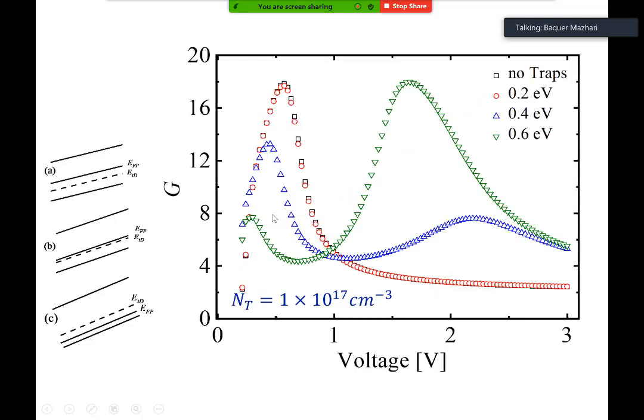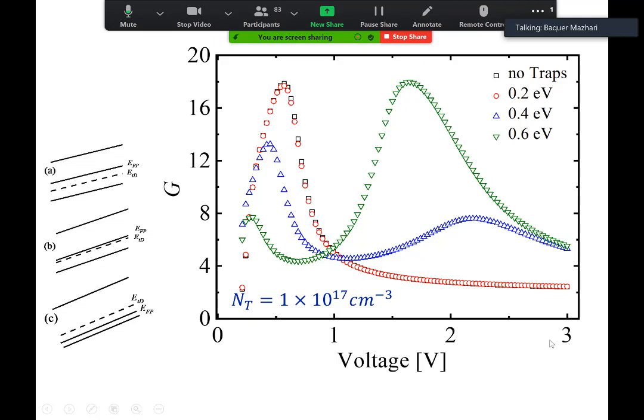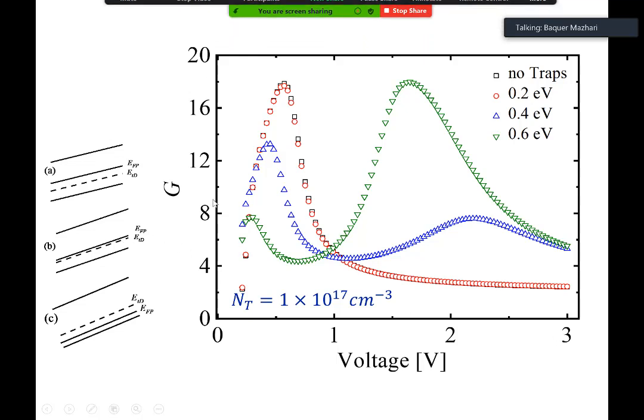Similarly, one can see the effect of the depth of the traps. If you have a shallow trap of 0.2 eV, it doesn't affect your characteristic, because at these voltages the Fermi energy is not able to approach close to the trap level, and therefore trap occupancy is not modulated. So 0.2 eV does not result in any distortion. 0.4 eV results in the distortion in this blue graph. 0.6 eV is a deep trap, and it results in even stronger distortion.